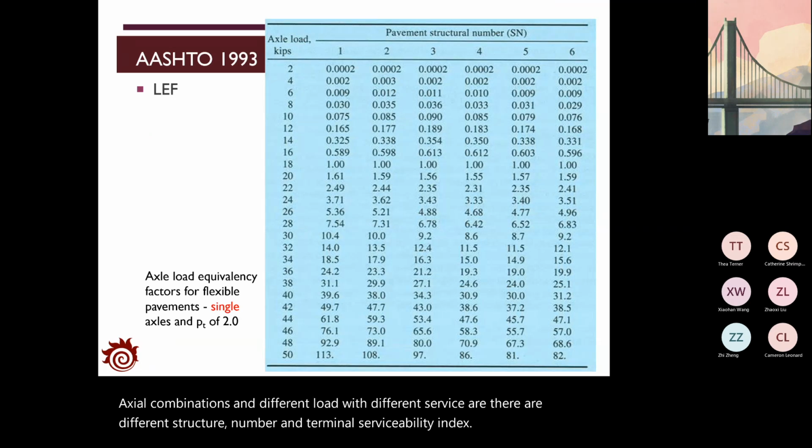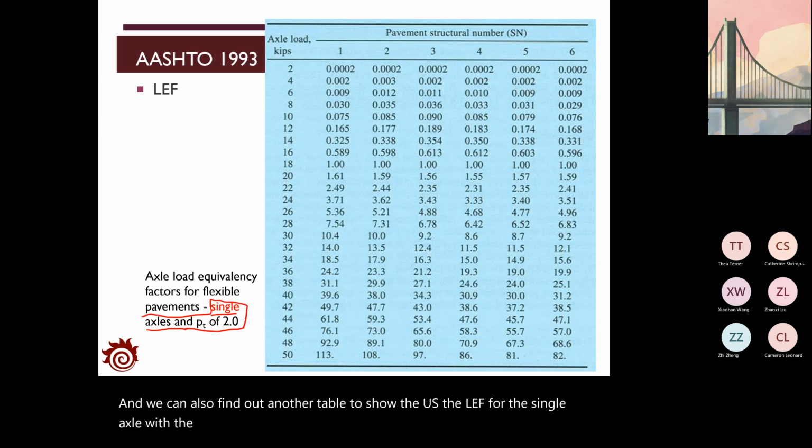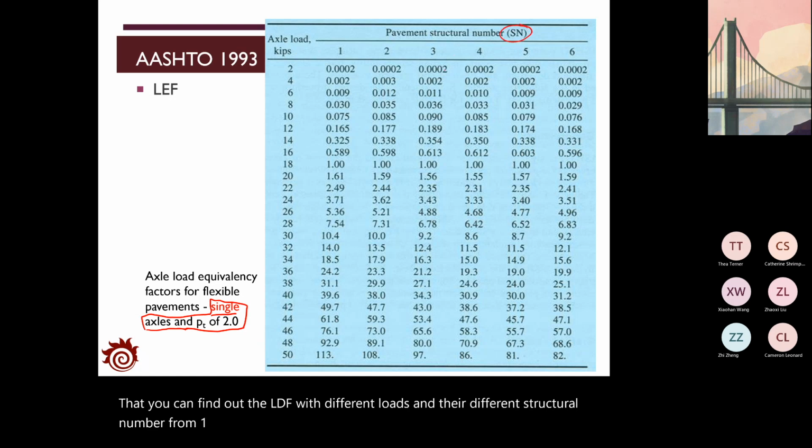And we can also find another table showing the LEF for the single axle with the terminal serviceability index of 2.0. With that, you can find the LEF with different loads and different structural numbers from 1 to 6.